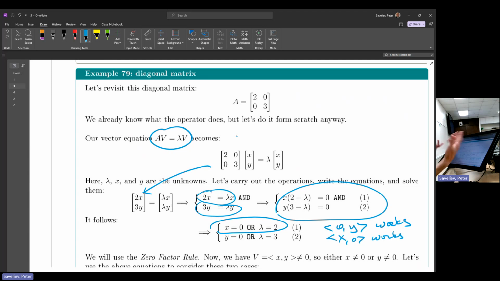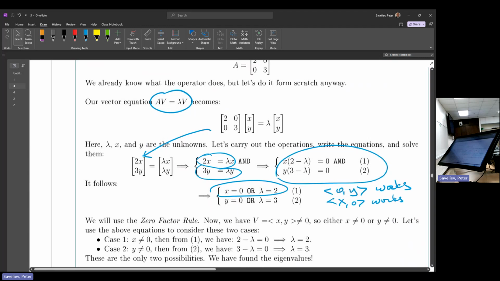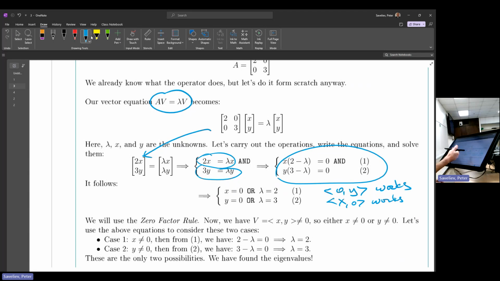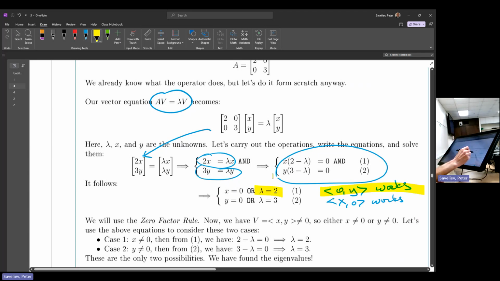Okay, so that literally gave us the eigenvalues 2 and 3, okay? But it also gave us a bunch of eigenvectors. So if I were to combine these, this is what we have as a result. Lambda is equal to 2, horizontal vectors, lambda is equal to 3, vertical vectors.